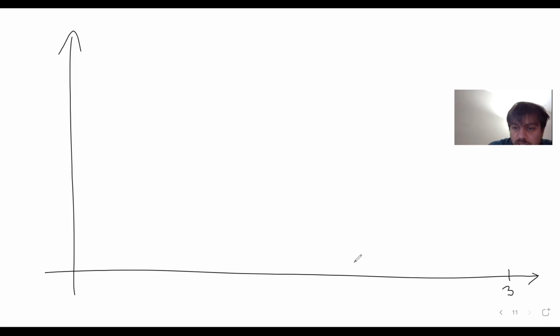Putting the 3 there. This would be halfway, that'd be 1.5. So maybe 1 here and 2 here to even this out. Okay, tenths. This would be the halfway point, 0.5. You have 0.1, 0.2, 0.3, 0.4, 0.5, 0.6, 0.7, 0.8, 0.9, 1.0. This would be the 1.5 point.